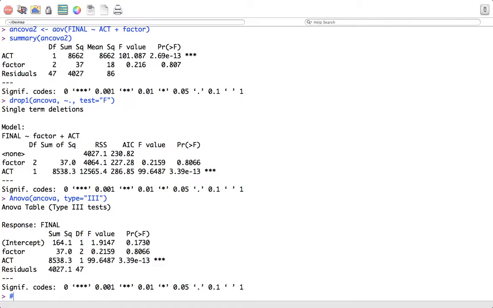Let me write this down. Factor's p-value equal to 0.8066 tells me that, let's put it this way.